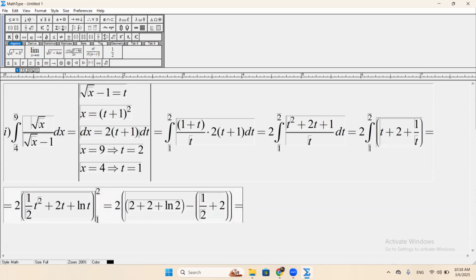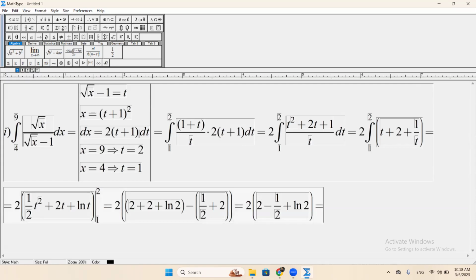So let's expand the brackets and see what we will receive. So 4 minus 2, okay, 2 minus, damn it, minus 1 over 2 and plus logarithm of 2.